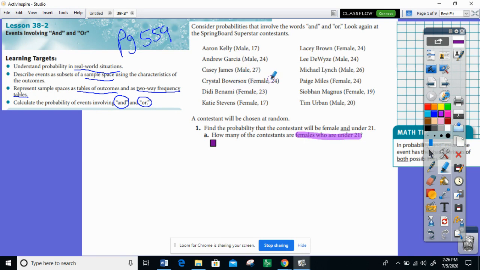So is Dee Dee. So Crystal and Dee Dee are both females, but they are not under 21. Katie is under 21, and she's a female. All these people are either over 21 or male, but Shaban is a female who is under 21, so we're going to include her. So those are two different contestants who are females that are also under 21.